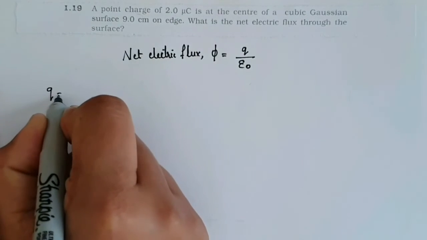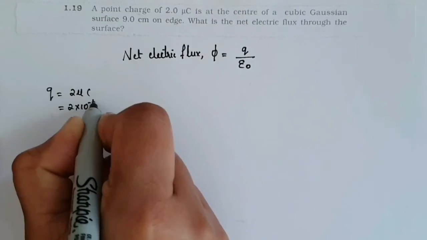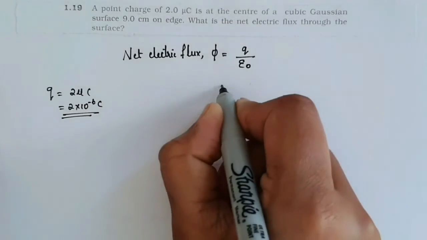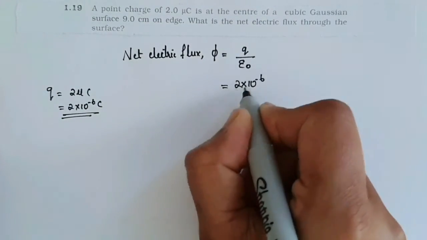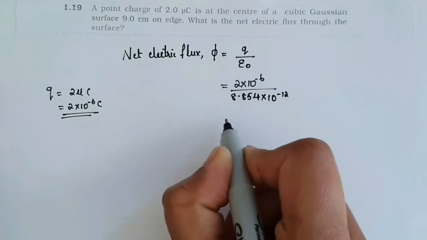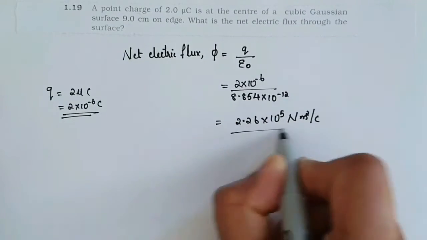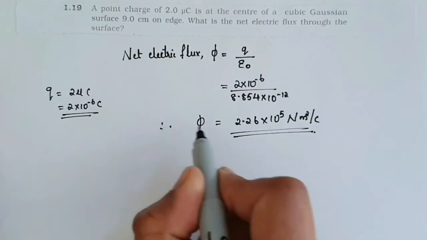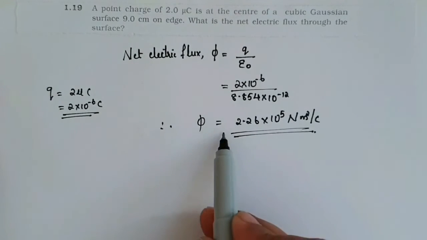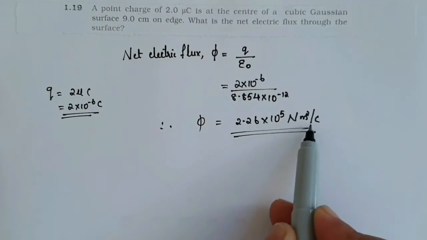Given Q is equal to 2 microcoulomb, that is 2 into 10 raised to minus 6 coulomb. Therefore, the net flux through the surface is equal to 2.26 into 10 raised to 5 newton meter square per coulomb.